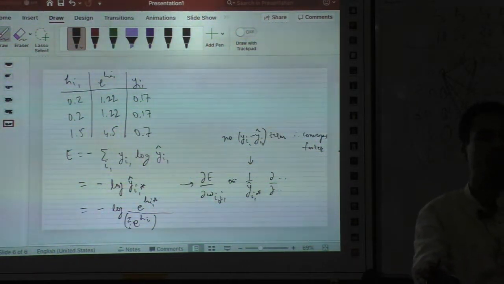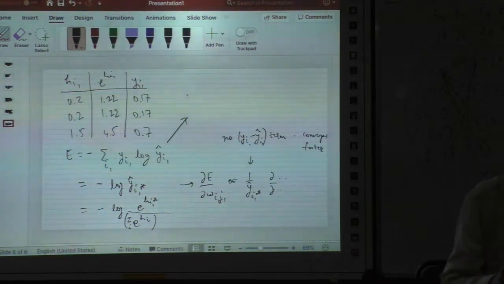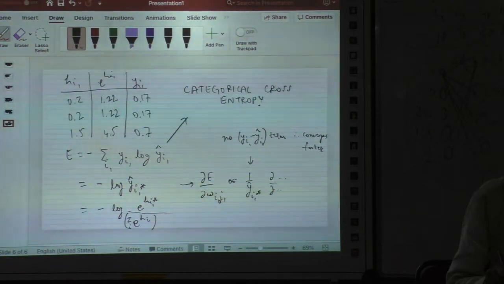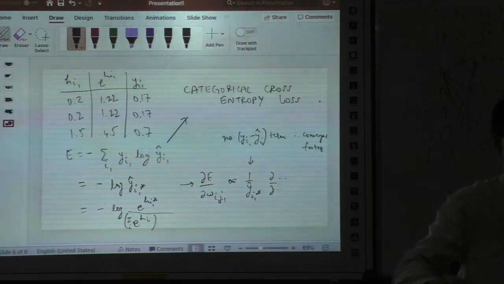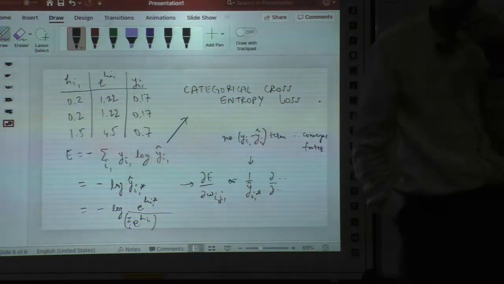This loss function is called categorical cross entropy. This is what we use for classification problems.